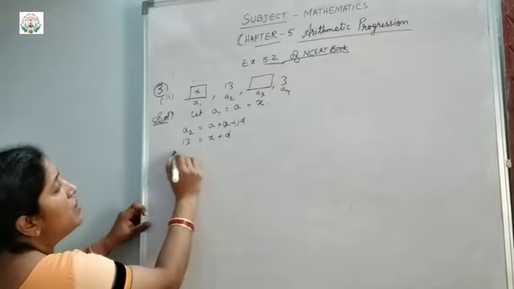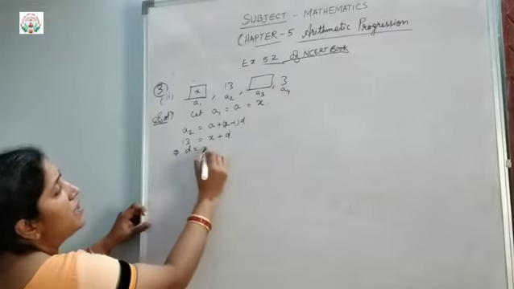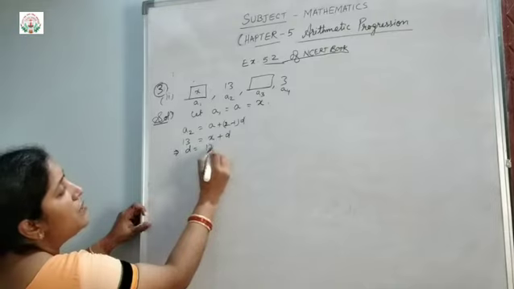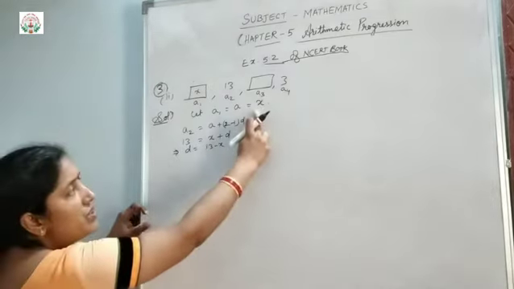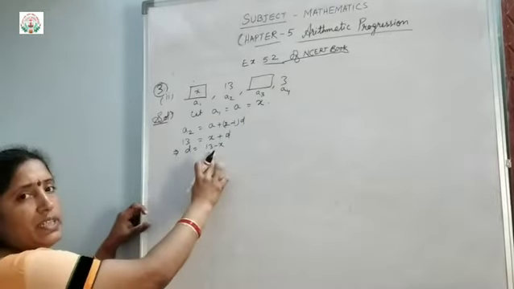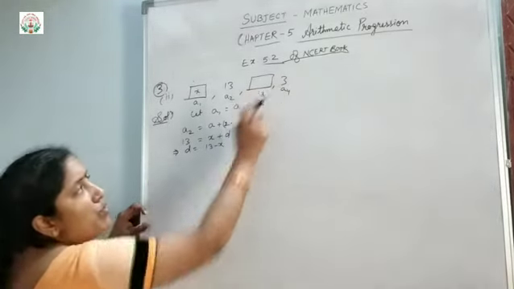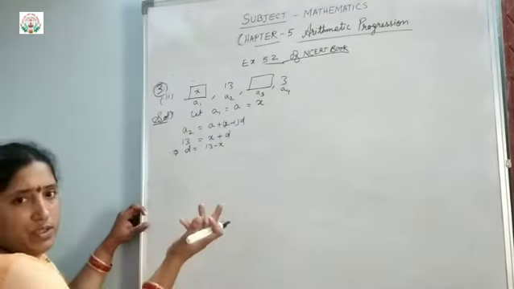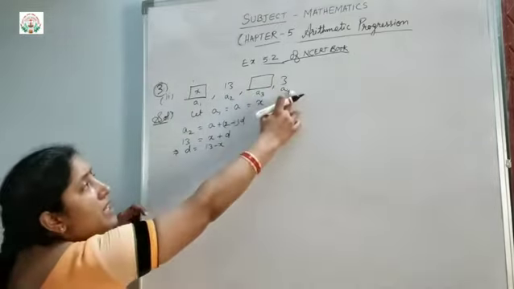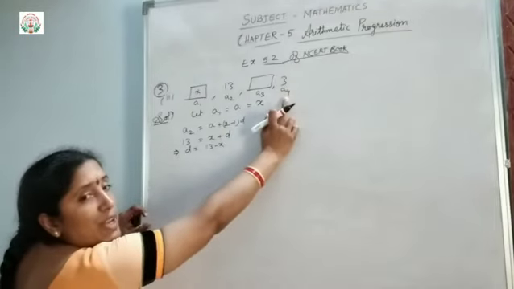So D will be 13 minus X. Now first term is known and D is known. Can we go for the fourth term? The fourth term value is given, third term is not known, so we will take the fourth term.